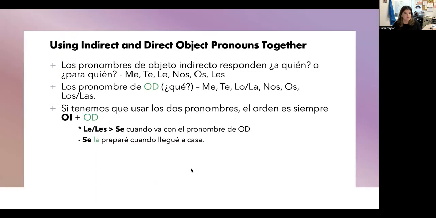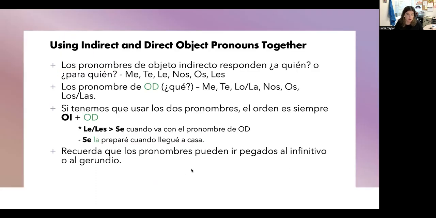Okay, so going back to the PowerPoint. Remember that there's situations where you could put the pronouns attached to the infinitive, the er, ir, ar forms, or the gerund or present participle, the ing forms in English, ando, yendo in Spanish. So in this case, you could do it also, right? You could say, mañana se la voy a preparar yo.